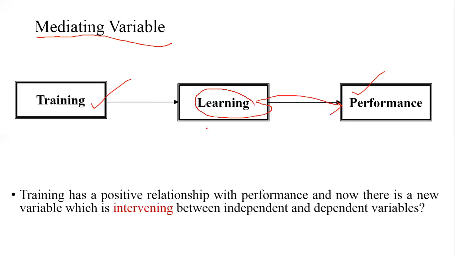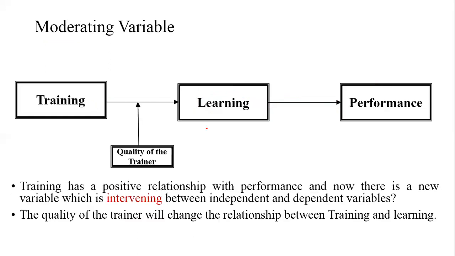Now, let's take this example a little further. There's another argument that training will only cause learning if there is a good quality trainer. So we have added another variable, the quality of the trainer.